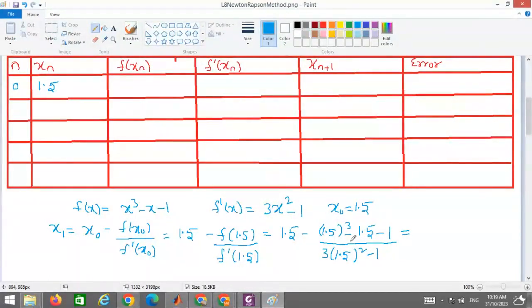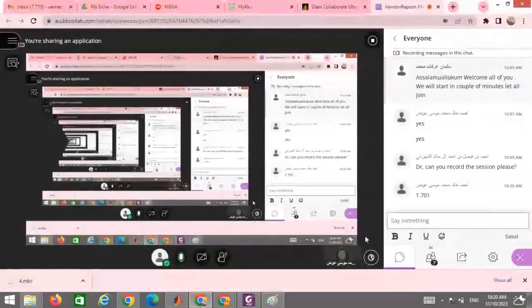I'm using the calculator here, and because you cannot see it, after 1 or 2 iterations I'll show you on MATLAB whether these values are correct or not. When we use the calculator, f of x naught you will get as 0.8750.